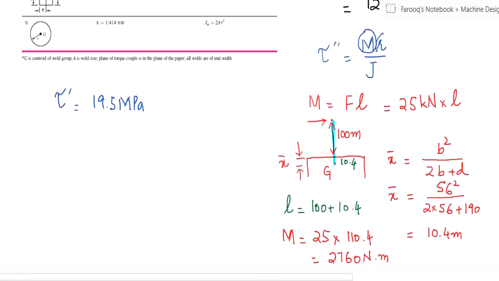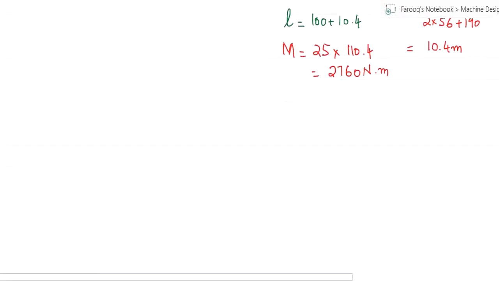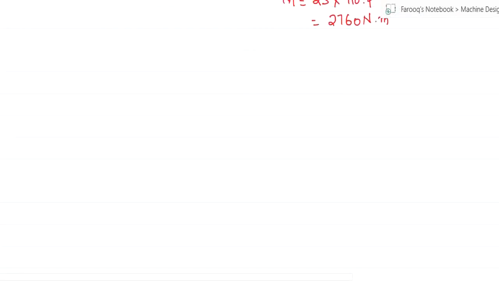Next we need to find the value of R. Now R is the distance between centroid and the point of interest.